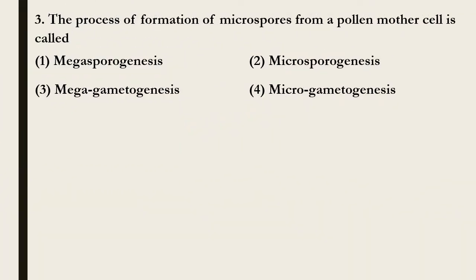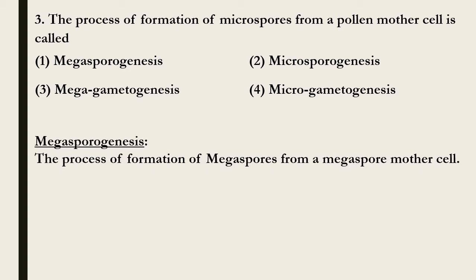Question number 3. The process of formation of microspores from a pollen mother cell is called: 1, megasporogenesis; 2, microsporogenesis; 3, megagametogenesis; 4, microgametogenesis. So let's see the definitions. Megasporogenesis is the process of formation of megaspores from the megaspore mother cell.